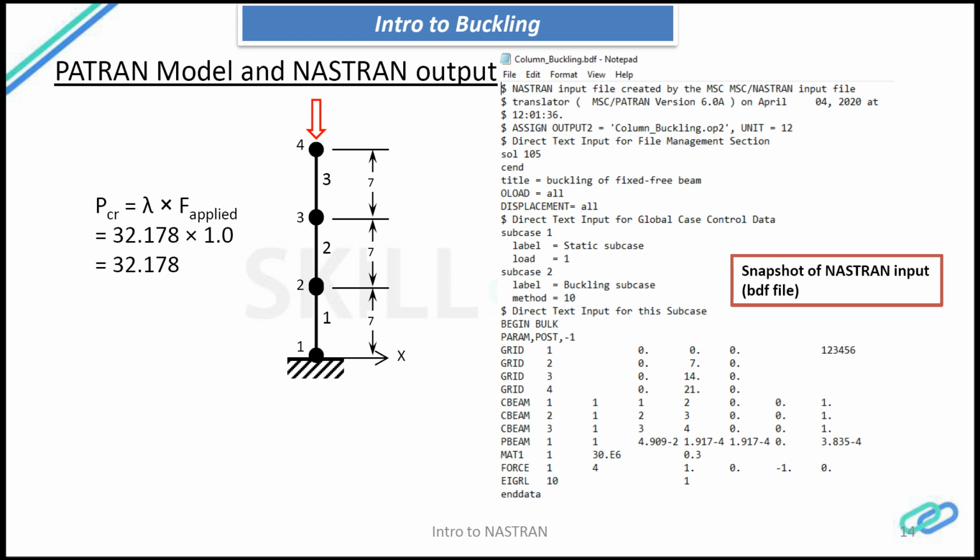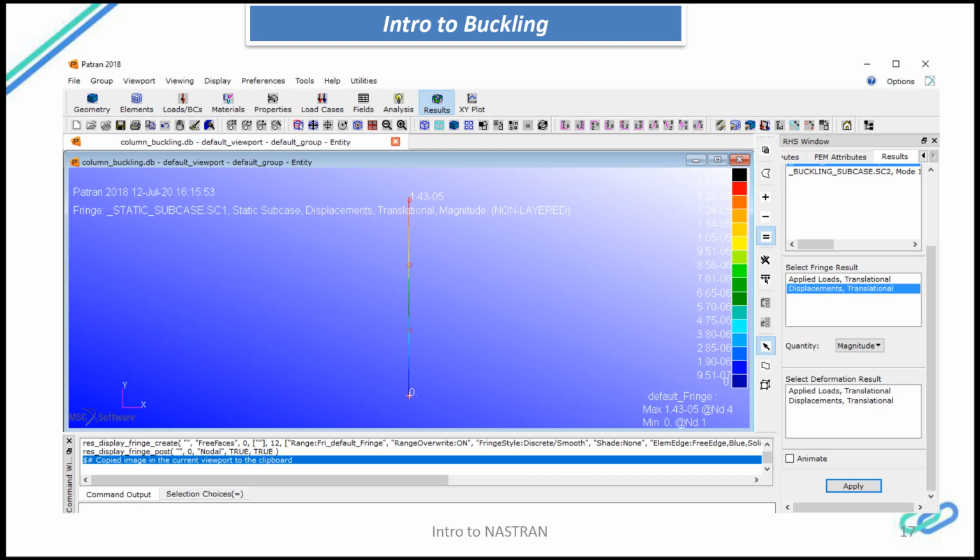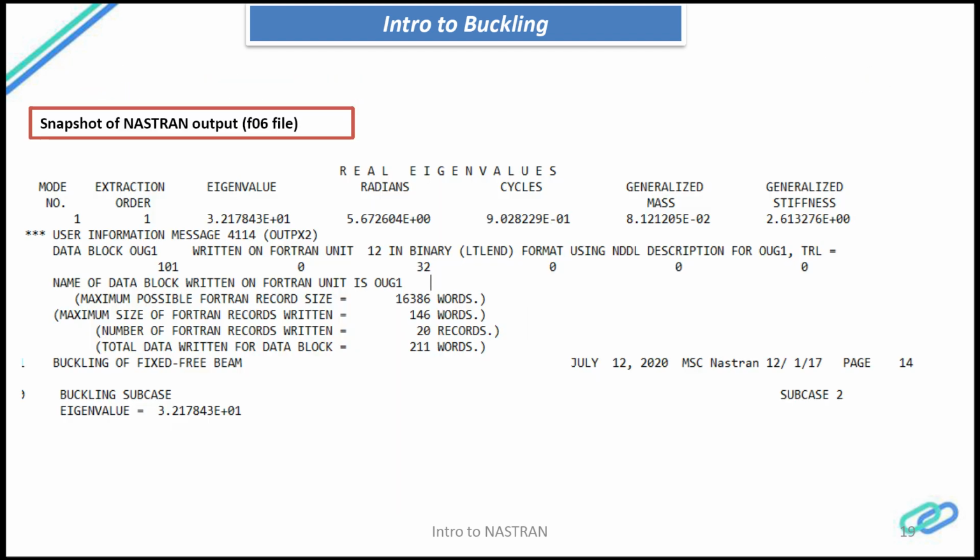From the Nastran output F06 file, we got the buckling load factor as 32.18, exactly the same as what we calculated using the theoretical formulas. If you look at the F06 file, the eigenvalue here refers to the buckling load factor. It is 32.18, and it matches the theoretical solution.